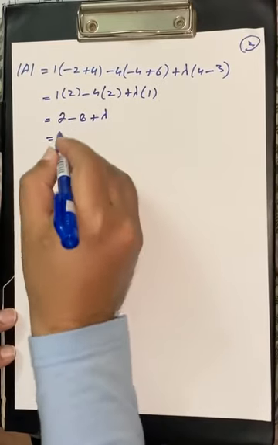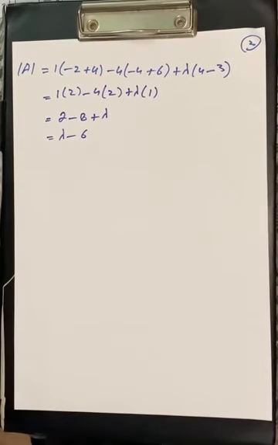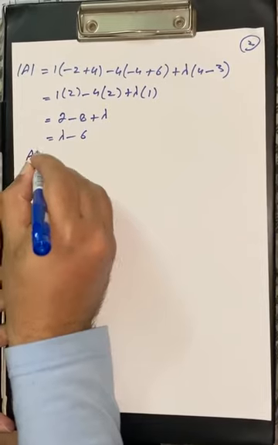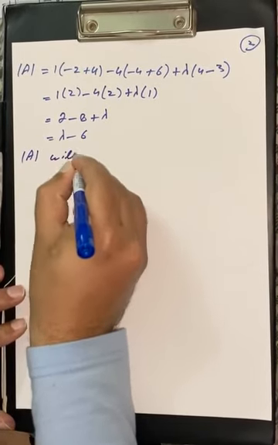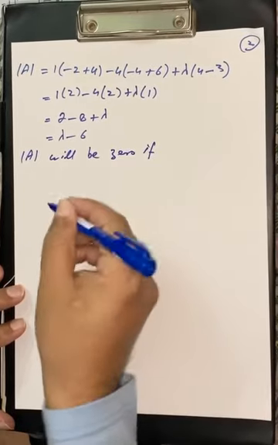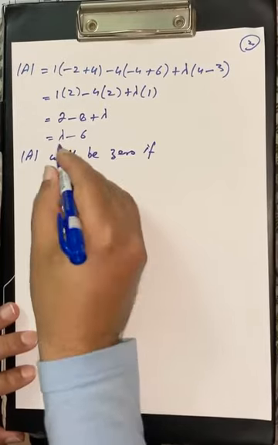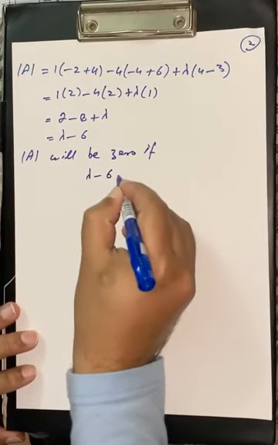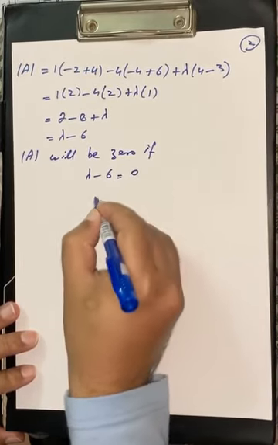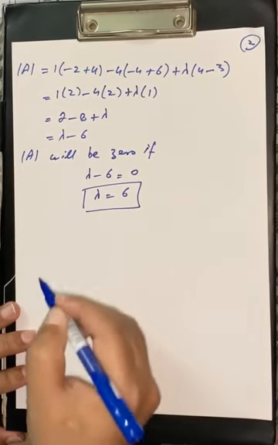Here we have lambda, we write first, because we have 2 minus 8 minus 6. So we write lambda first. Positive value I write first. A determinant will be 0 if this determinant's value lambda minus 6 equals 0. Here we got the value of lambda. Lambda is equal to 6. This is my value of lambda.